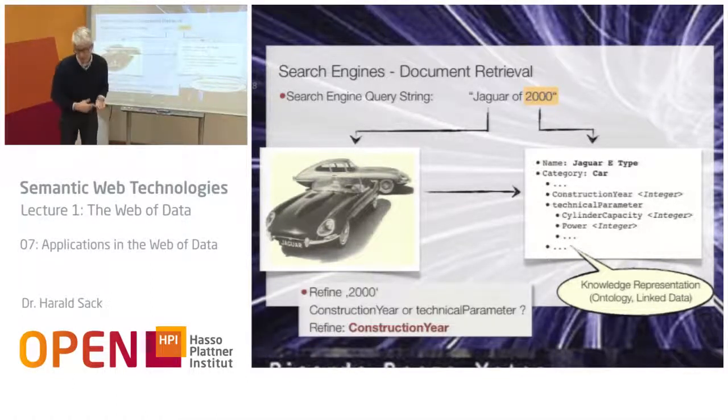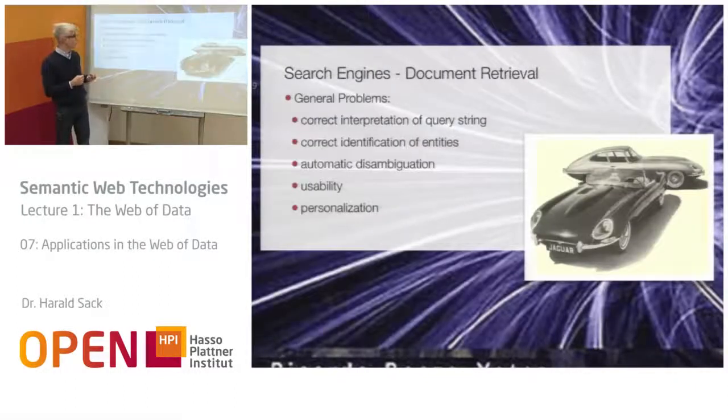But of course, there are several different problems related to that. And one general problem is, okay, how do I interpret correctly the query string? I have to take somehow into account the context of the user, the context the user is working in. What has he asked just before, or what is his usual preference? Does he mean cars?